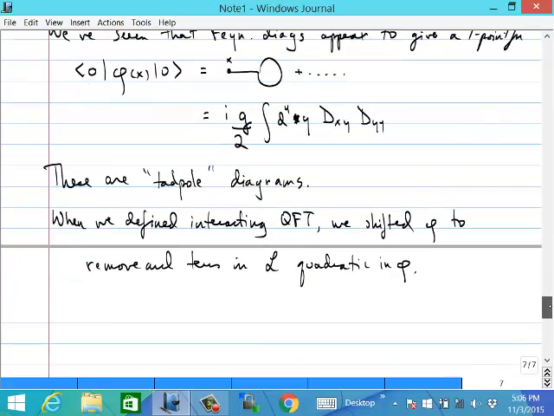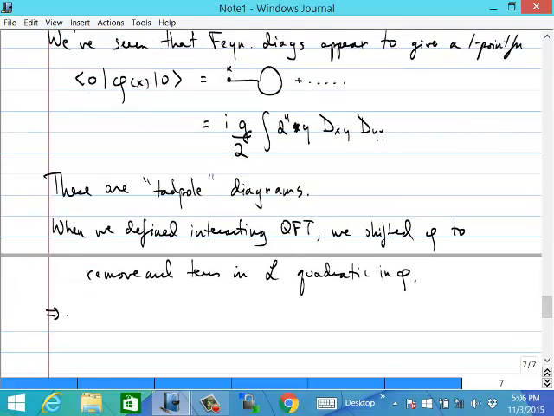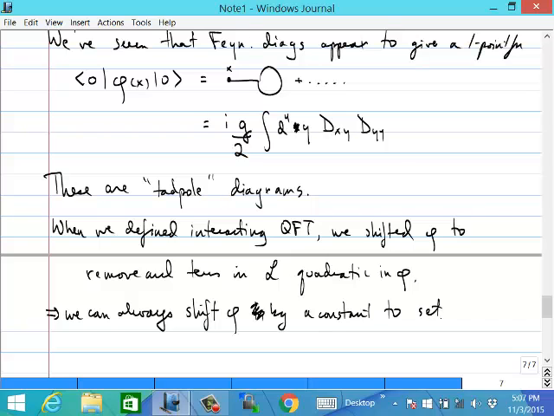So in particular, we can always shift phi by a constant to set this vacuum expectation value to be equal to 0.